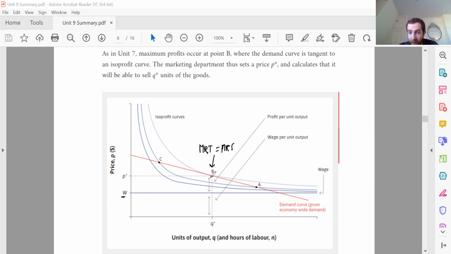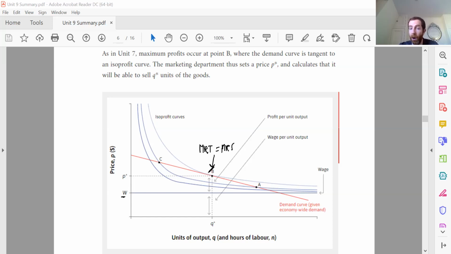So we know that has to be true at point B. And if a firm chooses the point where the marginal rate of transformation is the same as the marginal rate of substitution, they will be on their highest possible ISO profit curve, therefore achieving the maximum level of profit.